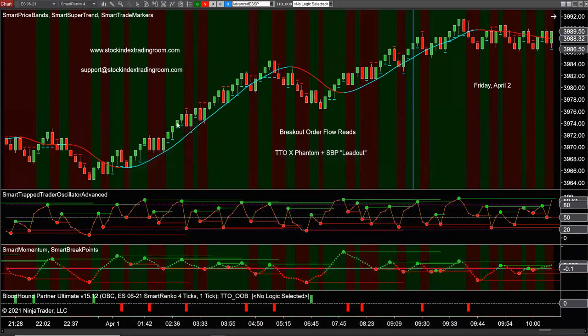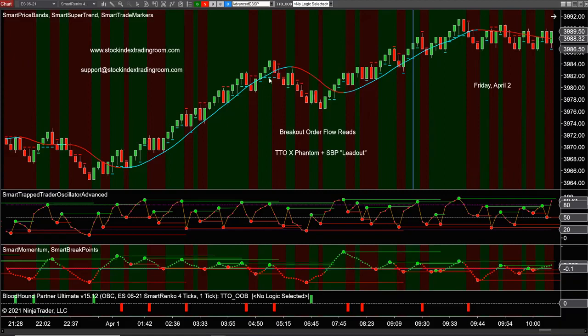Thanks. All of our indicators that you're looking at here are smart Renko bars, which are 8 ticks for reversal, 4 ticks for continuation, and there's a specific reason we use that, plus any wick that's associated with that. Smart price band, which is so much more than a colored EMA, and if you've looked at some of our work, you realize that.